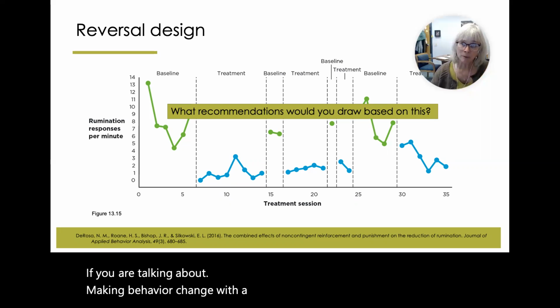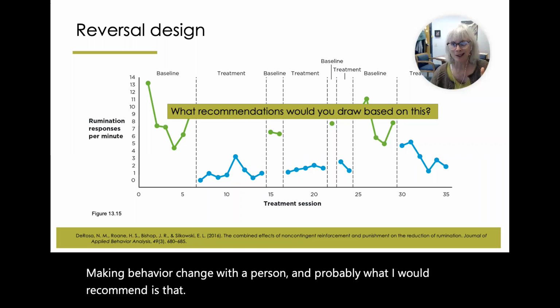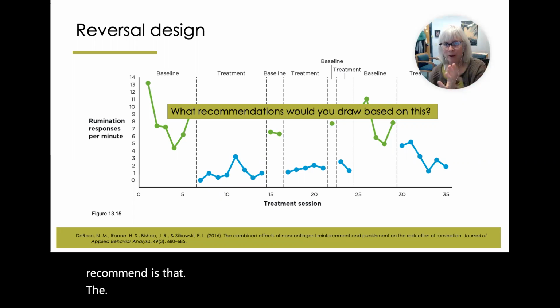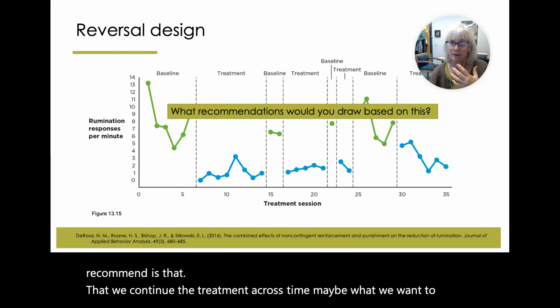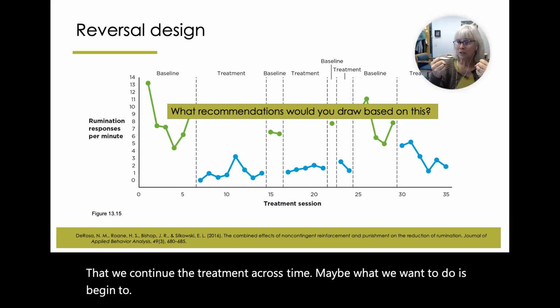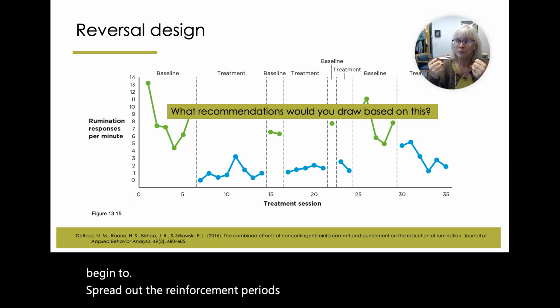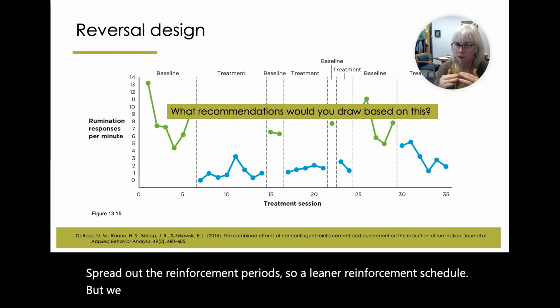Probably what I would recommend is that we continue the treatment across time. Maybe we begin to spread out the reinforcement periods, so a leaner reinforcement schedule. But we can't, at this point, remove the reinforcement completely.